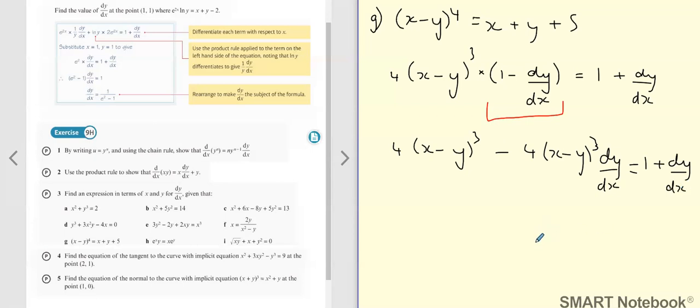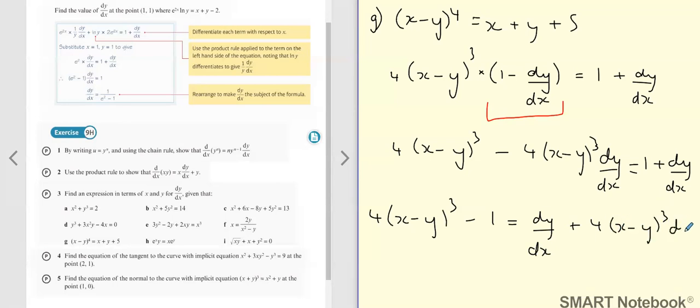Going to move dy by dx over to the right hand side. So we get 4x minus y cubed take away 1 equals dy by dx plus 4x minus y cubed dy by dx.